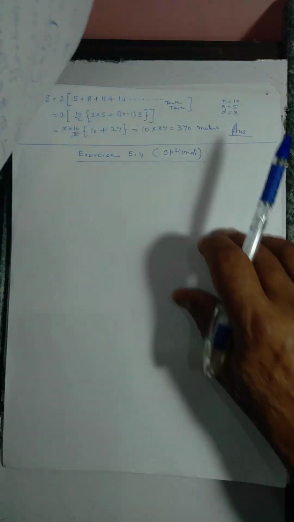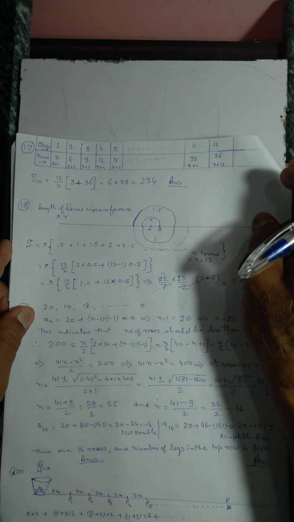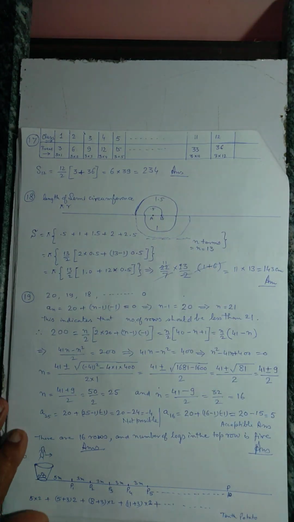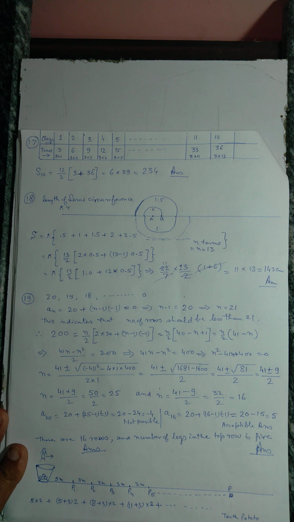Now proceed to question number 16. Question number 16 states that a sum of rupees 700 is to be used to give 7 cash prizes to students of a school for their overall academic performance.